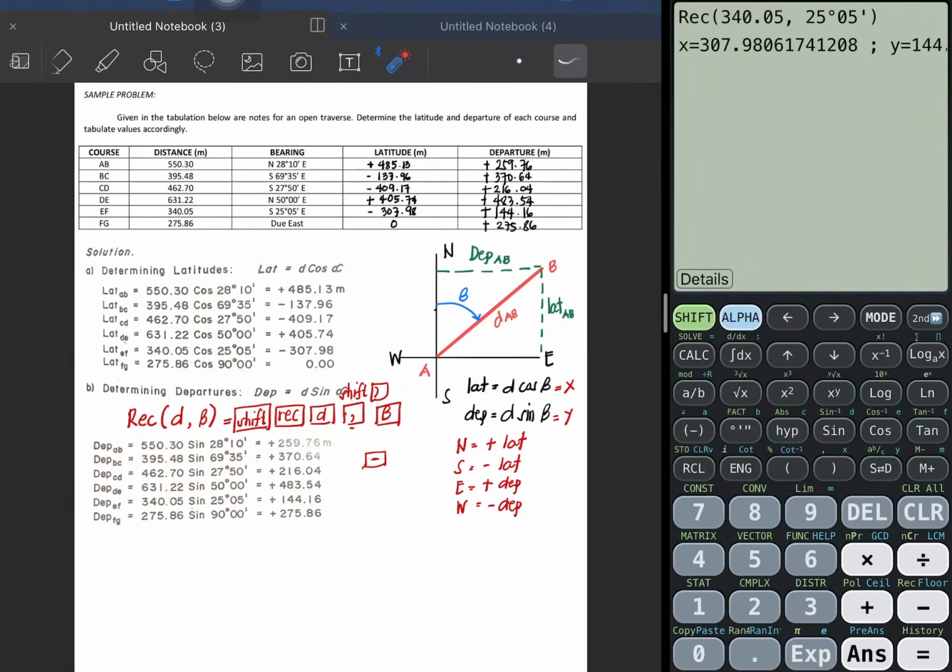Our calculator doesn't show the sign, since we only input the distance and the bearing or angle. And then the departure is 144.16. So that's the answer to the problem. You can use this formula, or you can use the rectangular function.